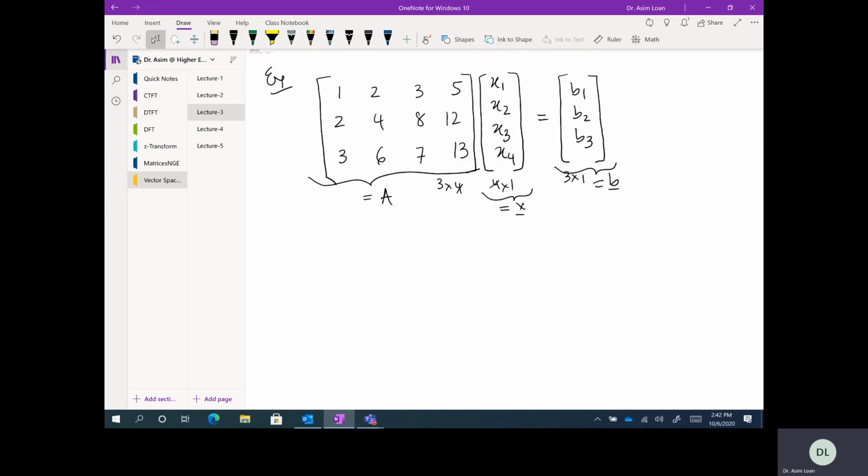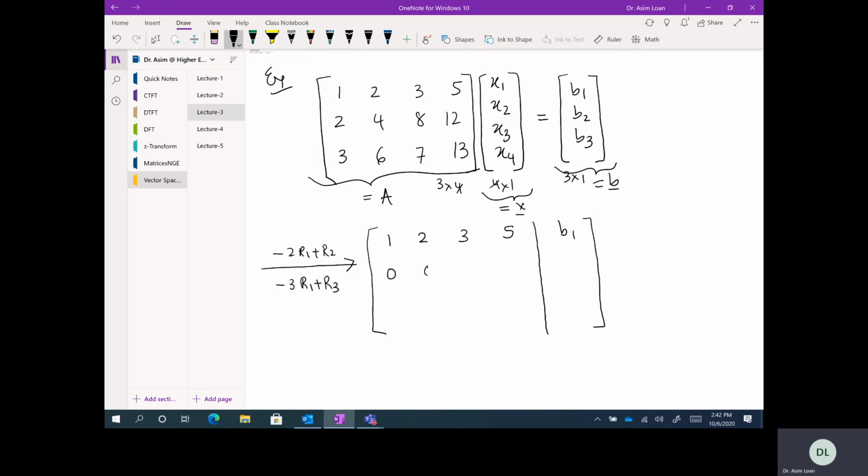So again, if I do reduced row echelon form, so I do minus 2 r1 plus r2, minus 3 r1 plus r3 in any order. Whether I do this one first or this one first doesn't make a difference. So 1, 2, 3, 5. The vertical line represents the equal to sign, b1. Then I have minus 2 plus 2 is 0, minus 4 plus 4 is 0, minus 6 plus 8 is 2, minus 10 plus 12 is 2, and this is b2 minus 2b1.